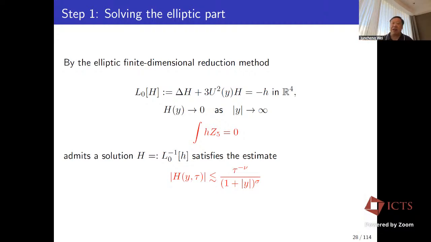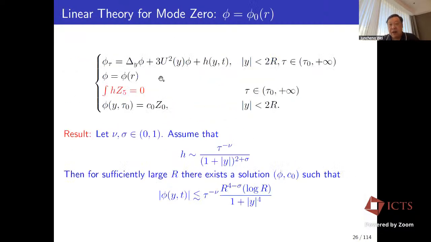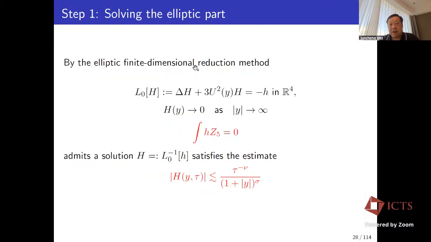Now since we cannot use L2, we can still use the elliptic theory. Given this data, I can solve the elliptic problem first, and for the elliptic problem we do not need L2 theory.